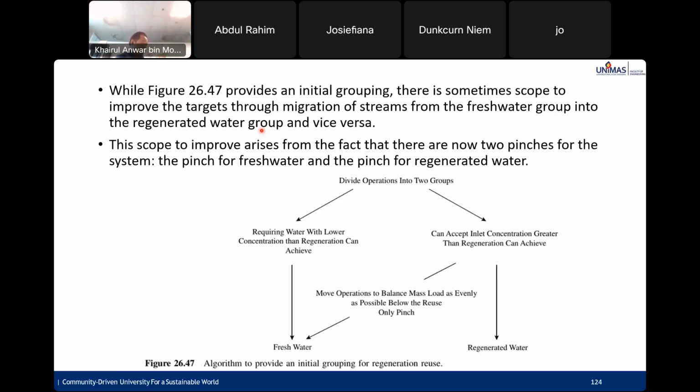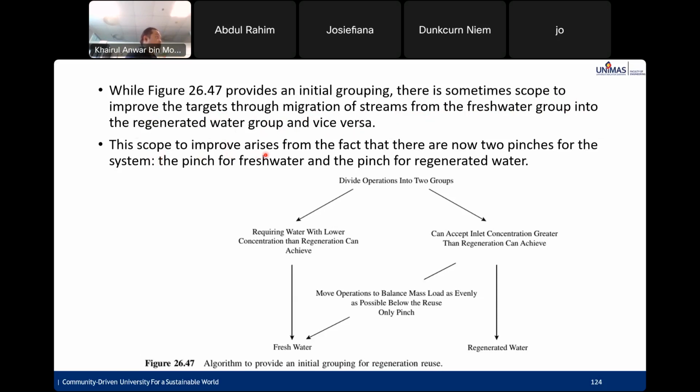While figure 26.47 provides an initial grouping, there is sometimes scope to improve the targets through migration of streams from the freshwater group into the regenerated water group and vice versa.